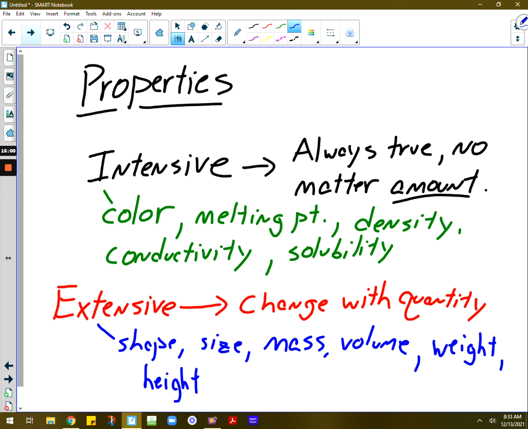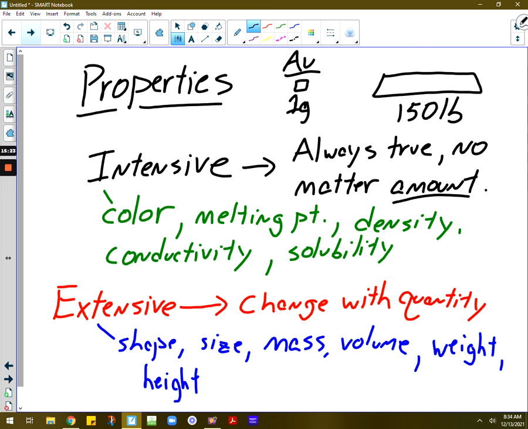The way I think about it is, let's say that I've got 1 gram of gold versus having a whole brick of gold, which is something like 150 pounds of gold. The things that are going to be true about both of those are intensive.